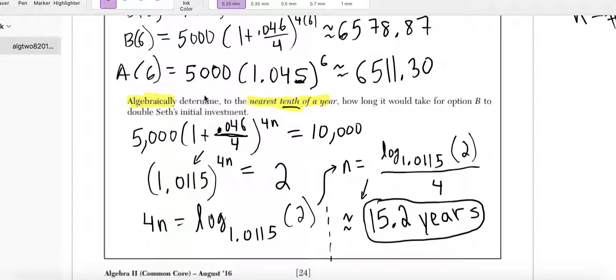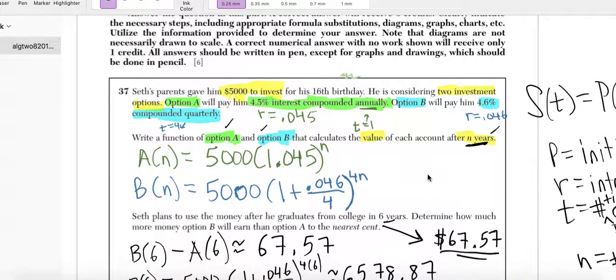All right, so algebraically determine to the nearest tenth, which we did, how long it'll take for option B to double his investment, and we did. So that was 6 points, guys. No, I don't think it was that bad. I'm just neatening this out here. There we go.